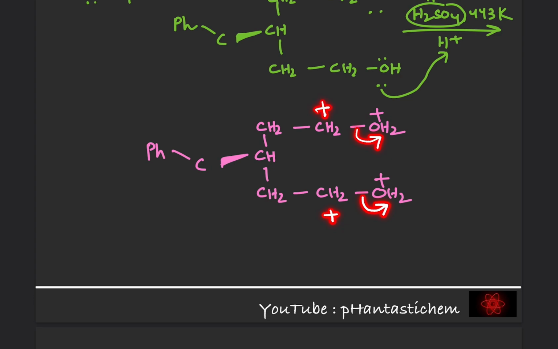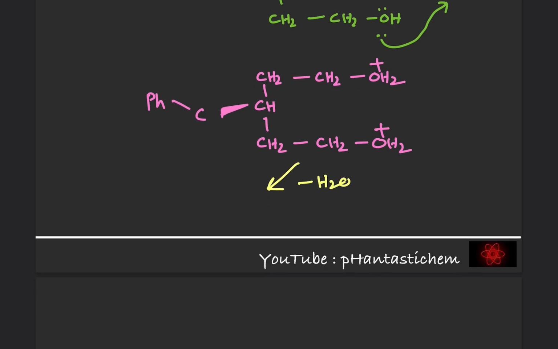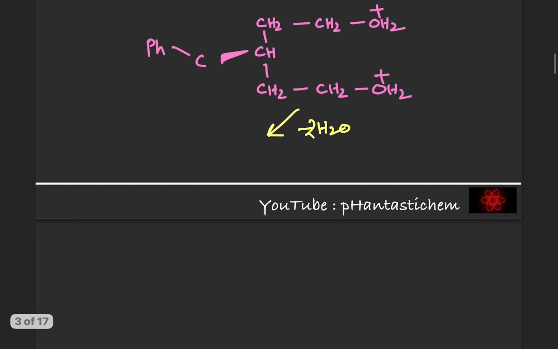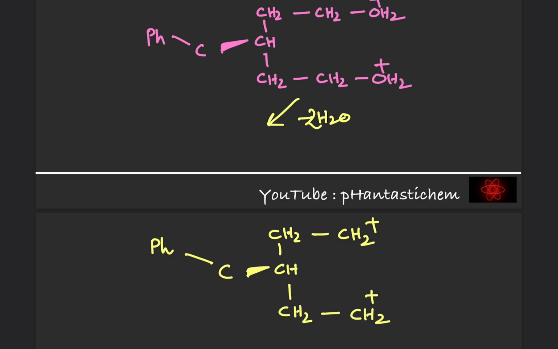Okay, so after loss of water, minus 2 H2O, it will ultimately become pH C, you have CH, CH2, CH2 plus, and CH2, CH2 plus.